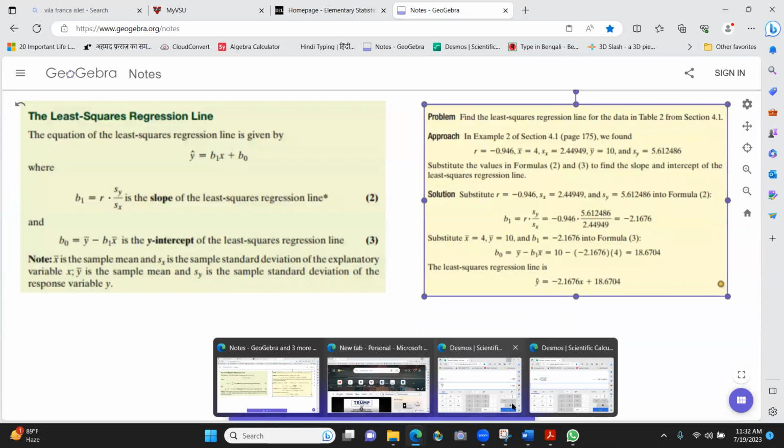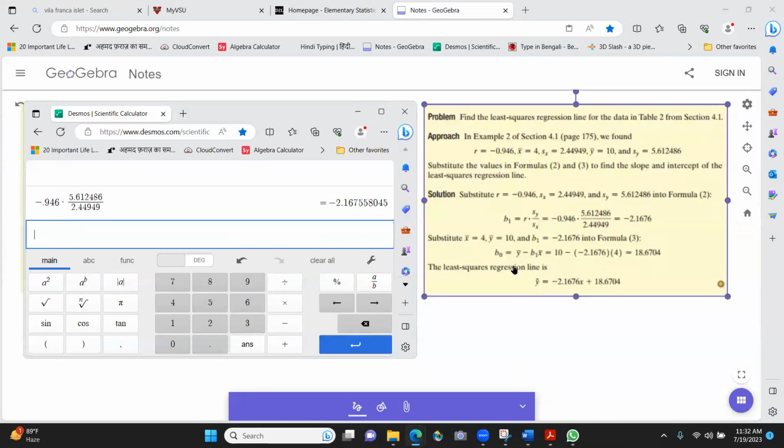So right here, let's find the y-intercept. The slope is negative 2.1676. The y-intercept is 18. Let's see how they found it. Of course, we know the y-intercept is y bar minus b1 times x bar. B1 is the slope.